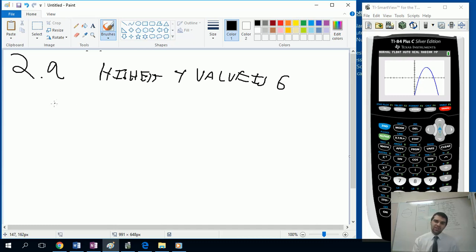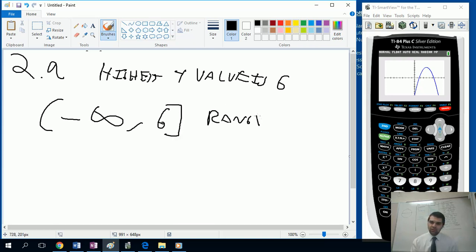So using interval notation, the range of this function goes from negative infinity to 6. Range, remember, is the set of all values on the y-axis.